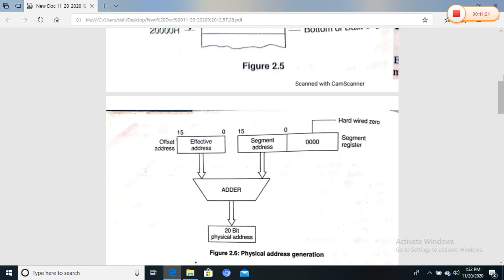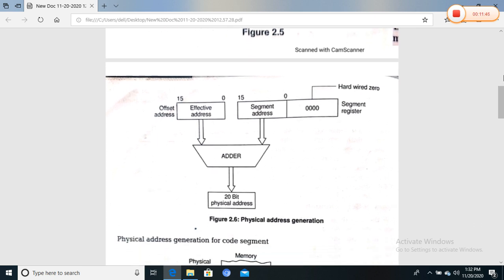The segment register also holds a 16-bit segment address, bits 0 to 15, plus one hardwired 0. Hardwired 0 means we add one extra 0 to the segment register value. Adding the effective address and the segment register value gives the 20-bit physical address.